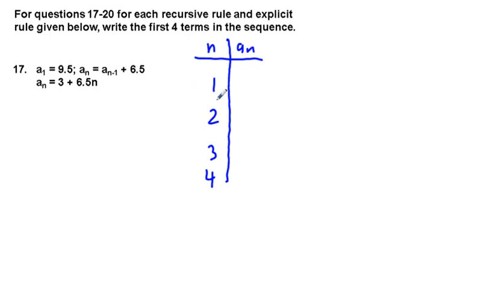So our first term is going to be a sub 1, so that's going to be 9.5. And we can use either way to get it. It looks like a sub 2 is going to be 3 plus 6.5 times 2, which is 13, so equals 16.